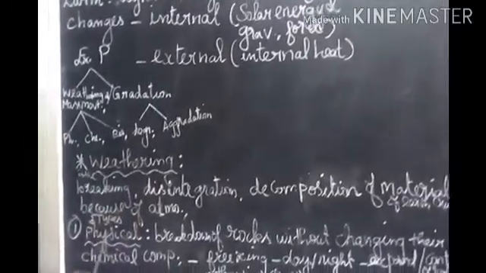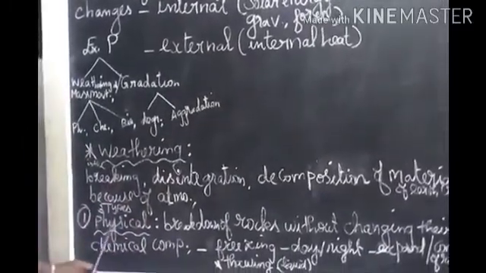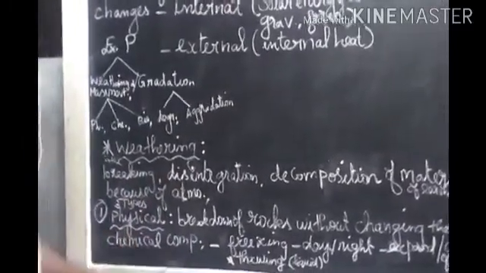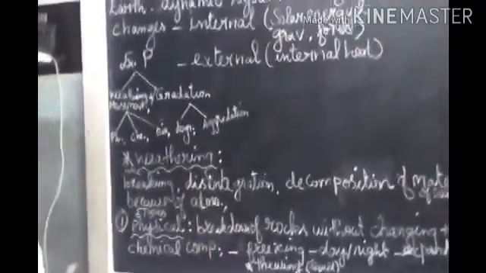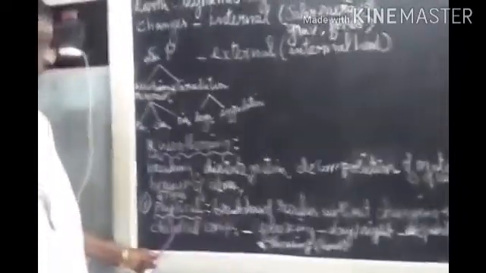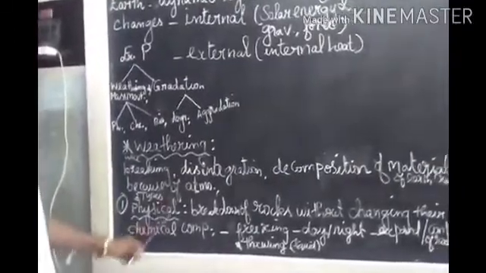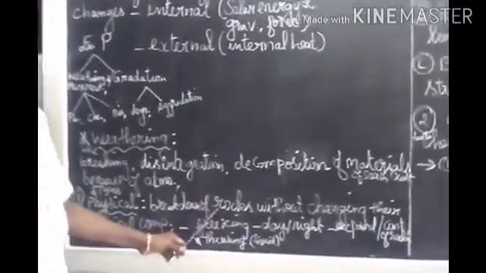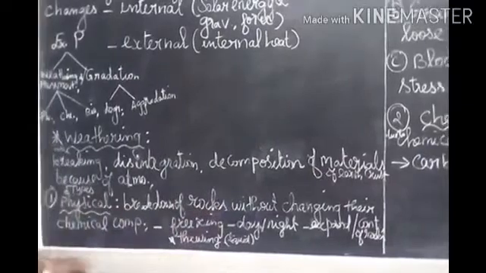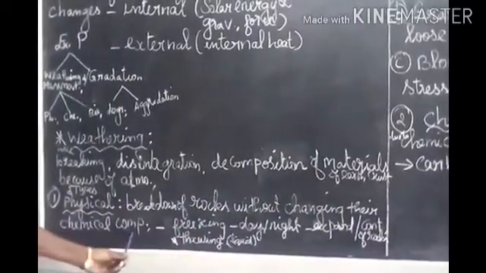There are three types of weathering. As I said, they are physical weathering, chemical weathering and biological weathering. First, let us study what is physical weathering. Physical weathering is the breakdown of rocks without changing their chemical composition. What is the meaning of it?